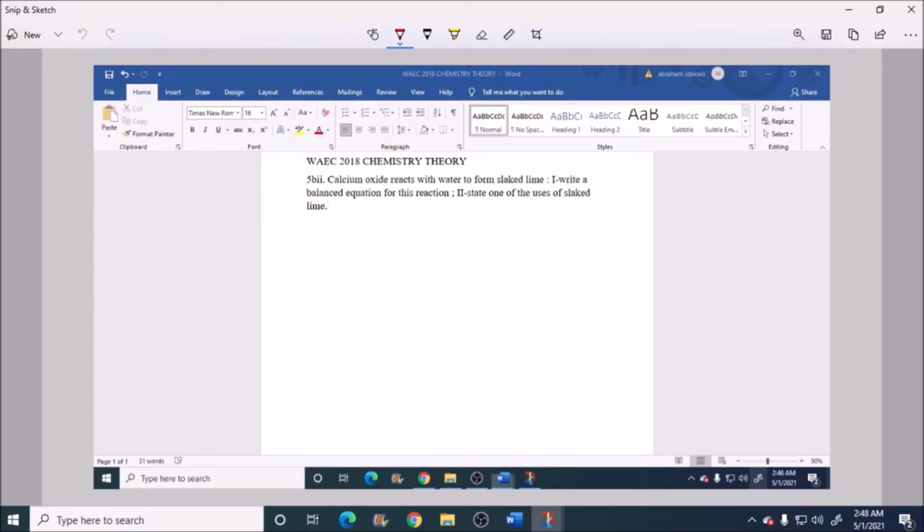Then Roman figure 2, we have to state the uses of slaked lime. We have number 1, it is used to treat acidic soil. Then number 2, it is used in the manufacture of glass.